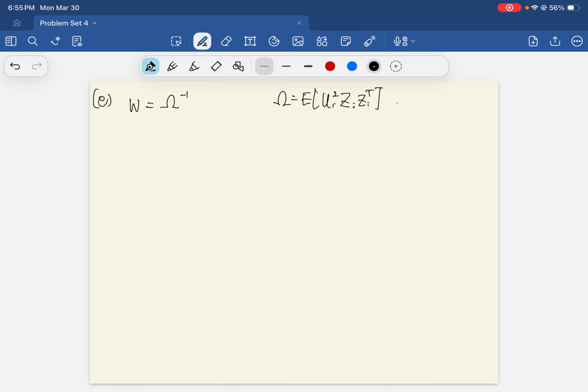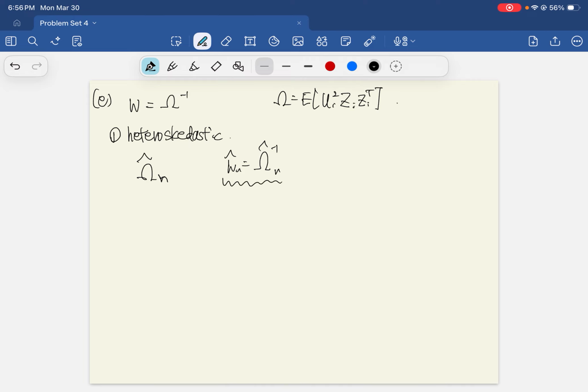So I will think about two different cases, starting with heteroscedastic. If you can estimate omega using a finite sample, then I will use its inverse. This is what we are going to do.